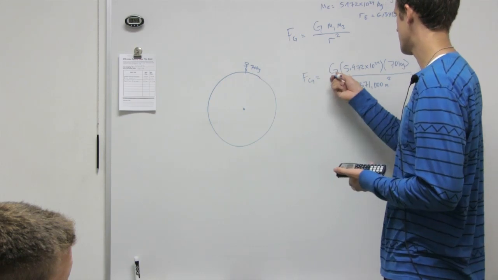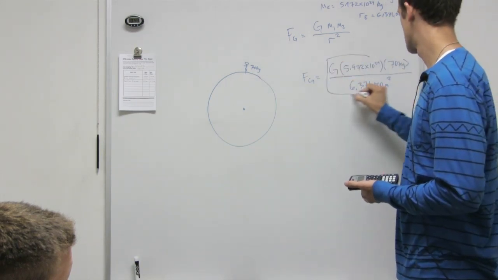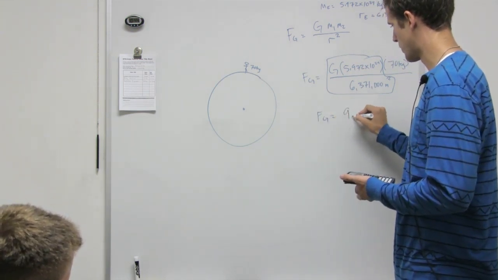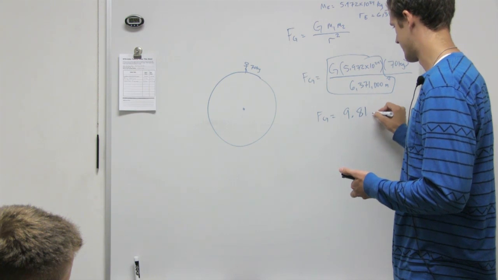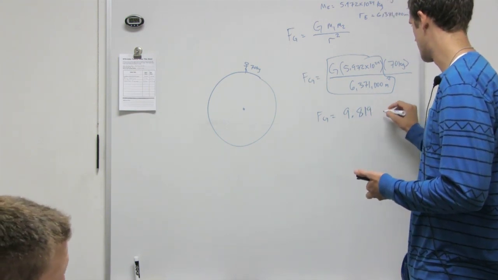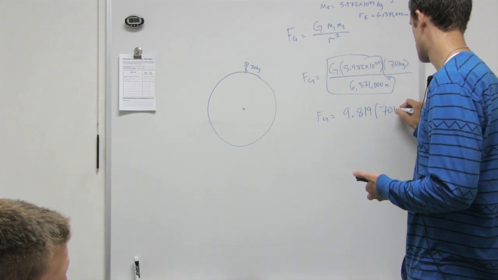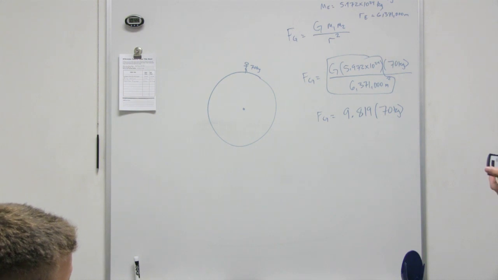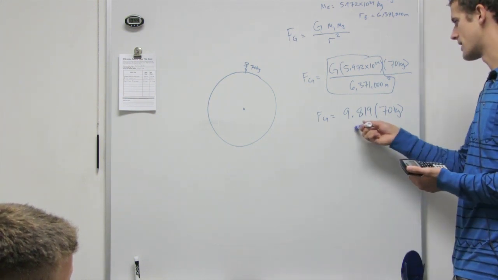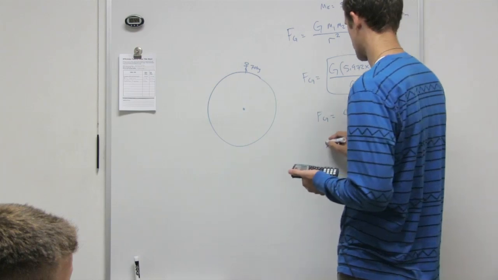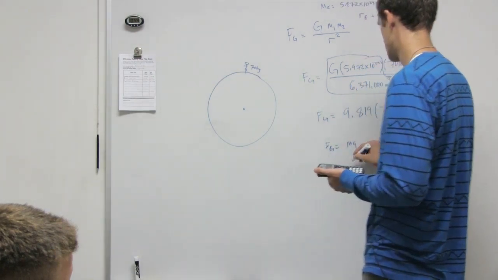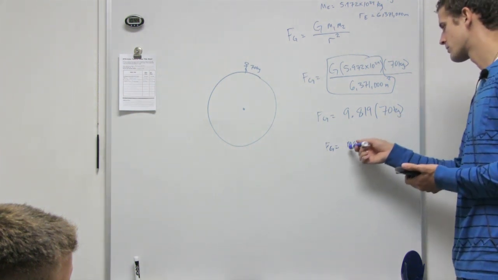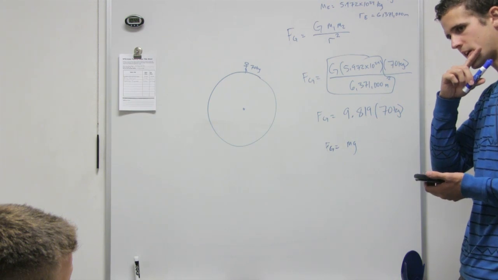If you solve all this out, just this part ends up being about 9.819, times 70 kilograms. Okay. So that's what we usually use, right? So typically we just say the force of gravity is equal to mg, which is the mass of our object, times the acceleration due to gravity, which is about 9.8.